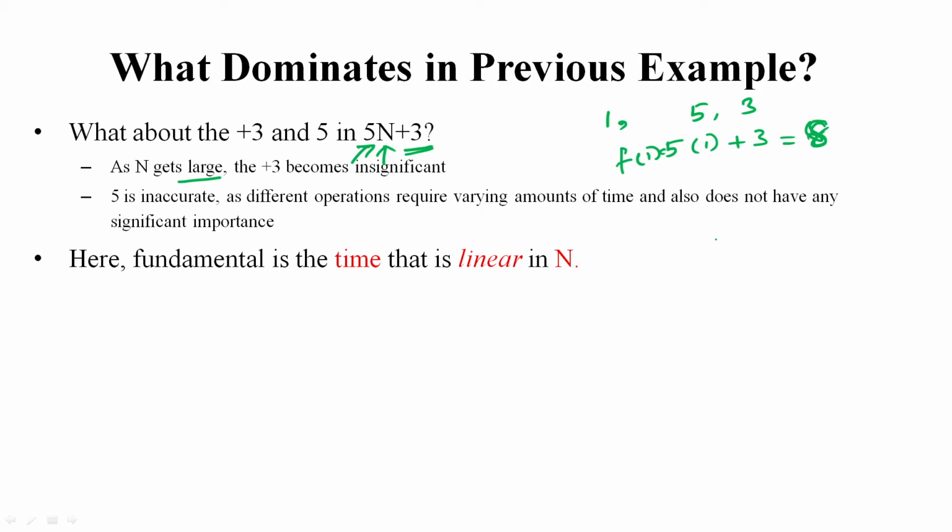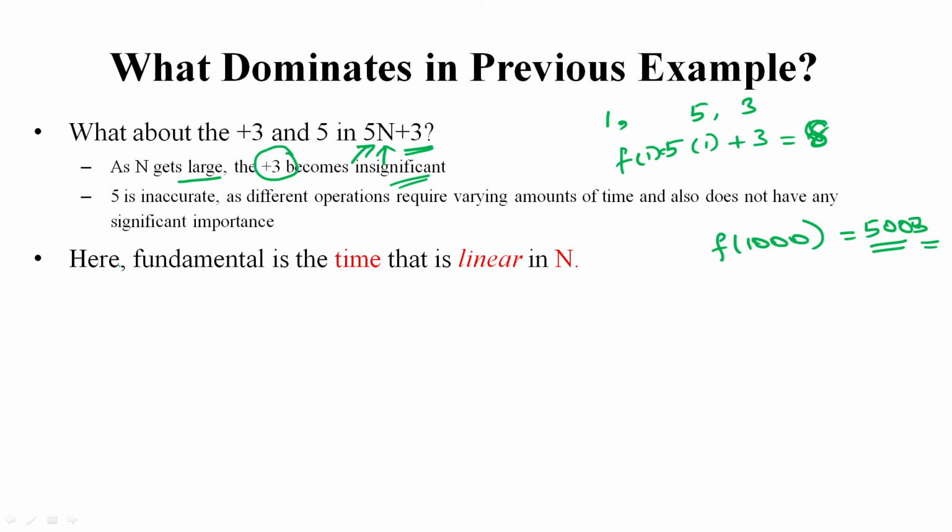But when you are increasing n to a large value like 1000, you will get 5003 steps. Here when you are comparing to 5000, 3 is very insignificant, a very low number. So the 3 is becoming an insignificant value for large n value. So you can drop that value.